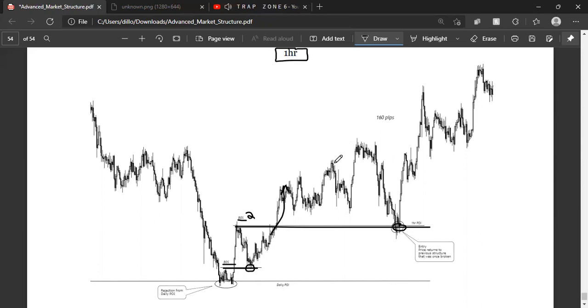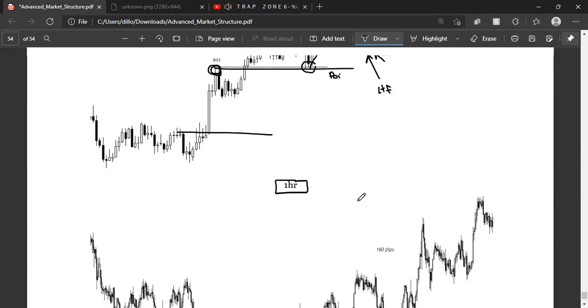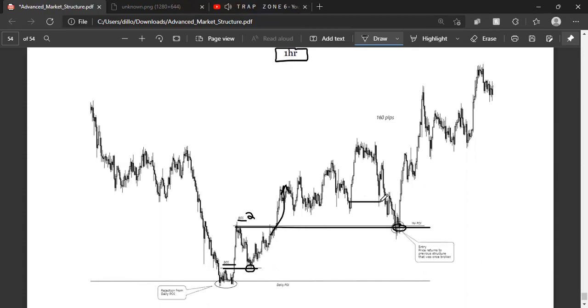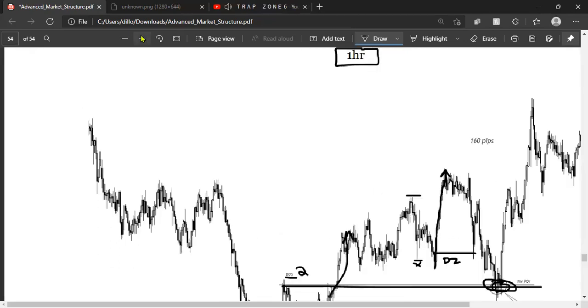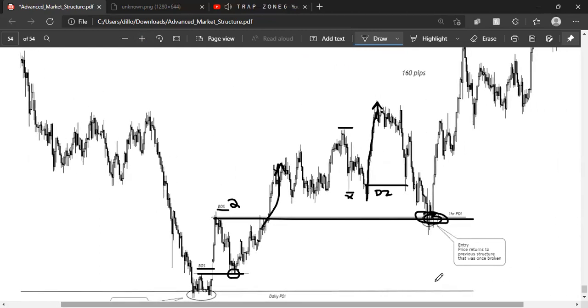But I want to note a setup right here that you could have taken and it would have broken even on you, and you could have realized that there was that point of interest lower, right? So what we see, price grabs liquidity here and immediately shoots to the upside, breaking structure and retesting back in this demand zone right here, right?